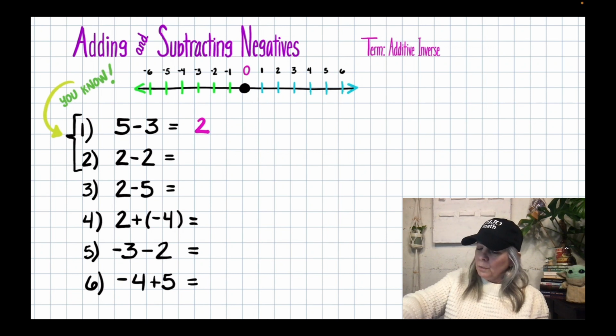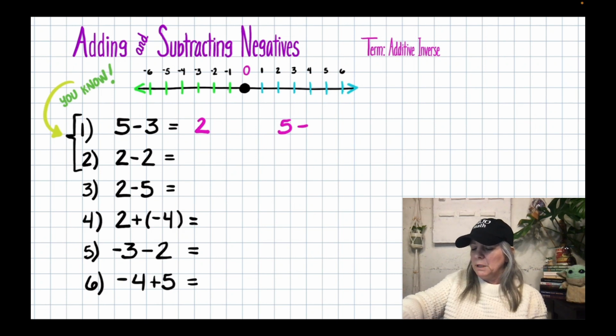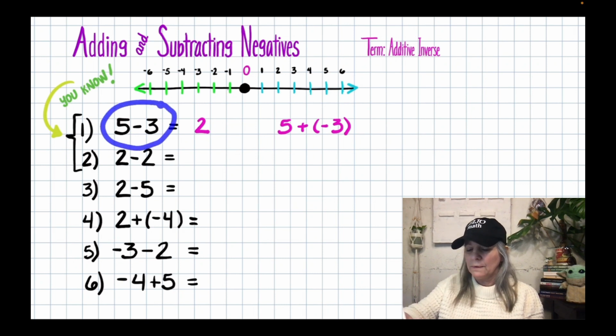Also, we can rewrite this problem with 3's additive inverse. So we're going to say 5 plus a negative 3. And all this means is an additive inverse. We're starting out in this equation here, we've got 5 minus 3. So 3 is positive, but we're subtracting the positive.